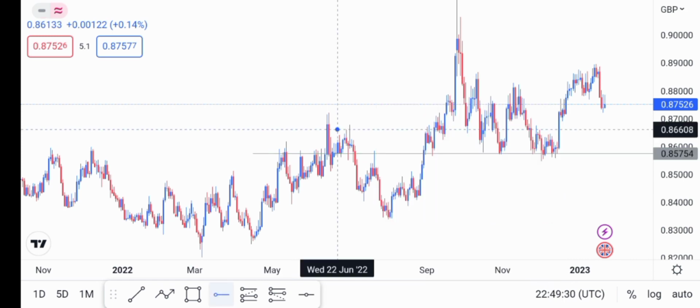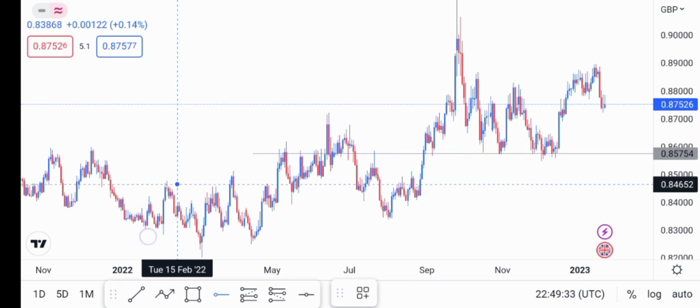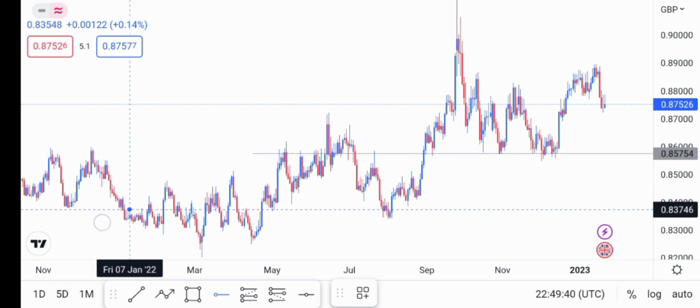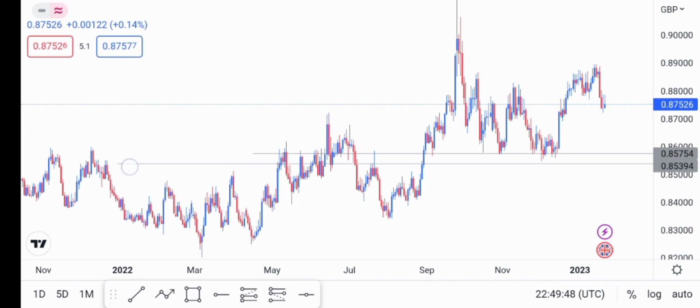Okay, this is the first level that I'm seeing. So I know there are some levels right over here, but for now we're going to focus on this level here, not this one right over here, because I'm trying to keep my chart as clean as possible. So I'm not gonna mark out this level for now. Let me just remove it actually.